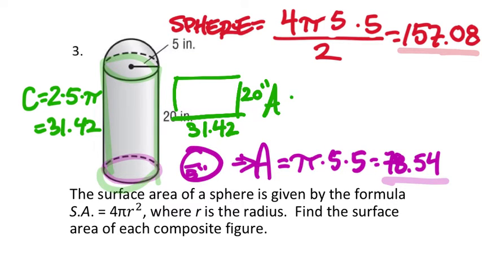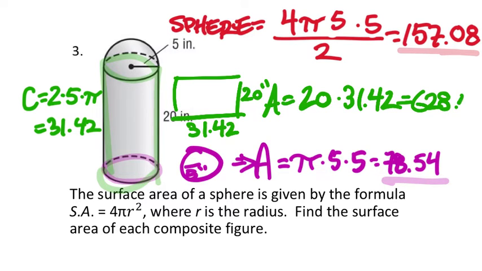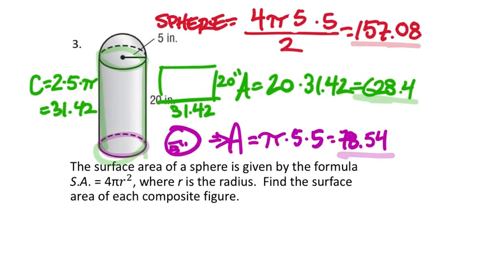So if I want the area, I'm going to take 20 and multiply it by 31.42, which is 628.4. And there is my third surface on this shape. Shapes like this are nice because it's just that one rectangle.